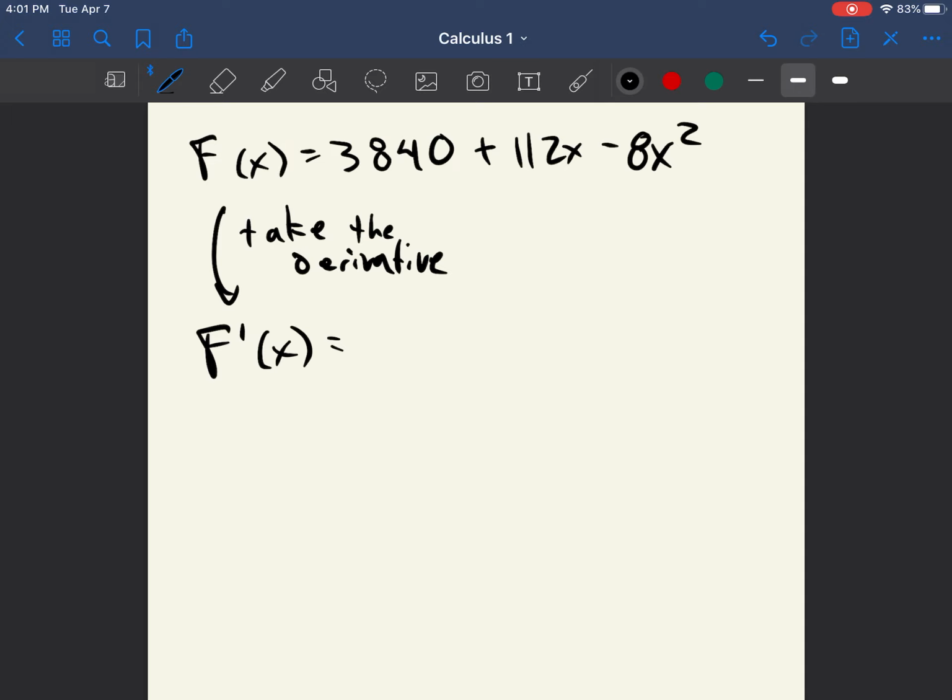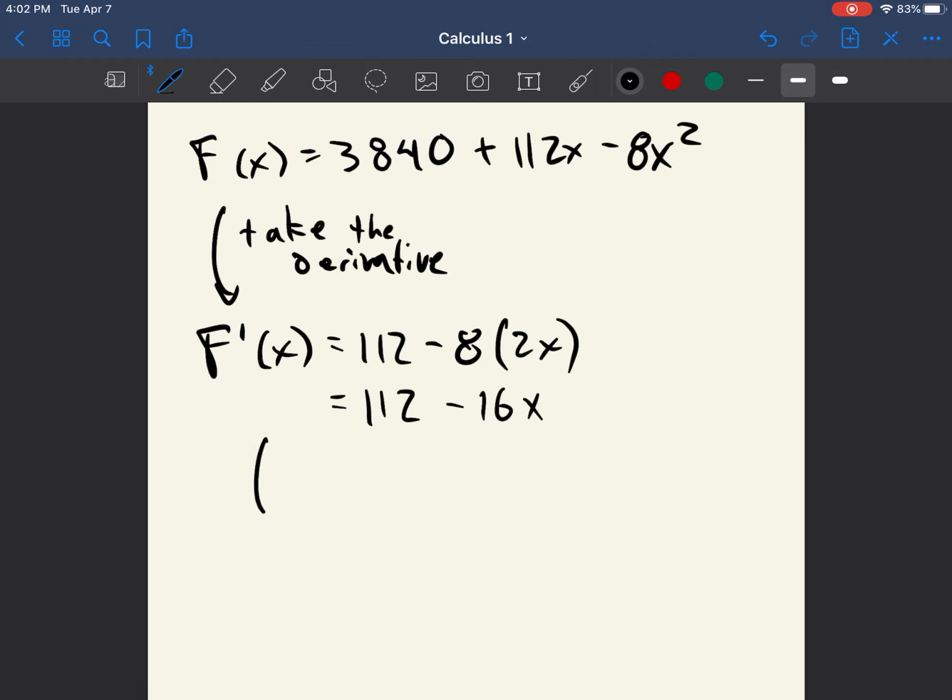So I won't write anything down. Okay, so the next term is derivative of 112x. Well, that's a constant times x, so the derivative should just be 112. Okay. The next term is this minus 8x squared. Okay, so the minus 8 is just going to hang out there, and we differentiate x squared. And for that, we get 2x. And I'll go ahead and simplify this a little bit. So 112 minus, so 8 times 2 is 16x.